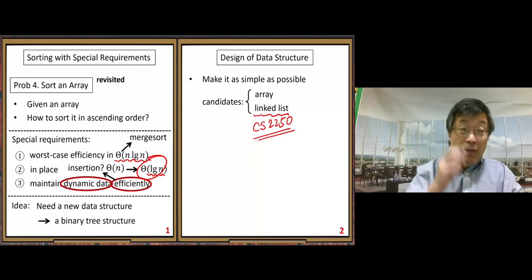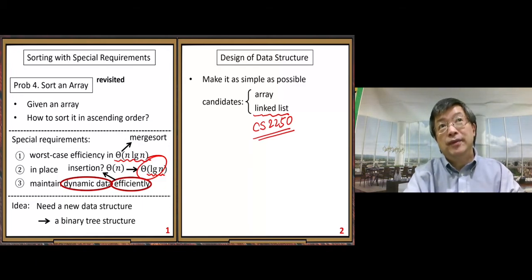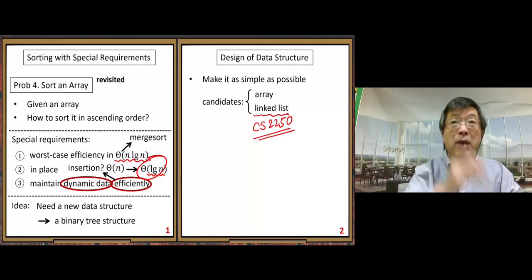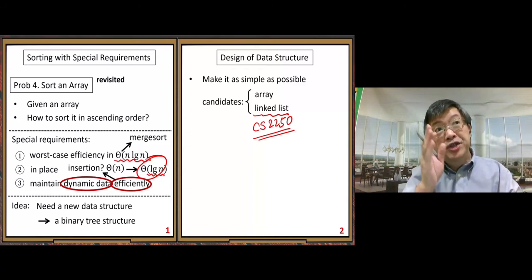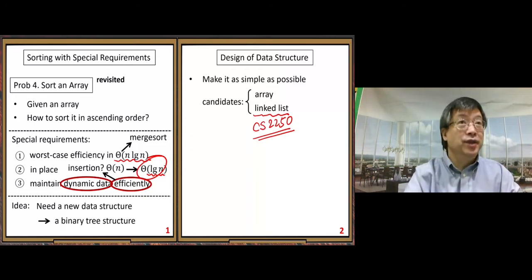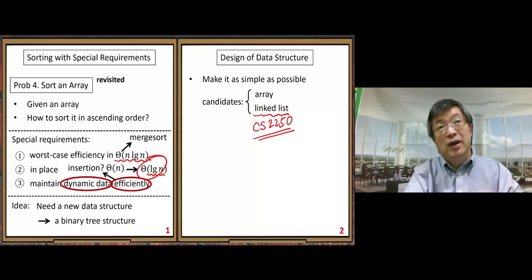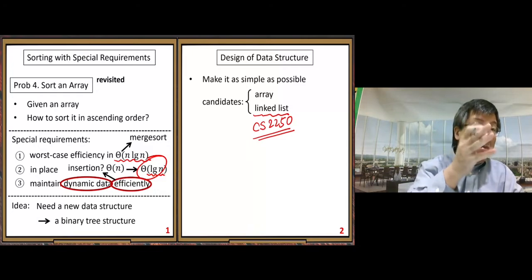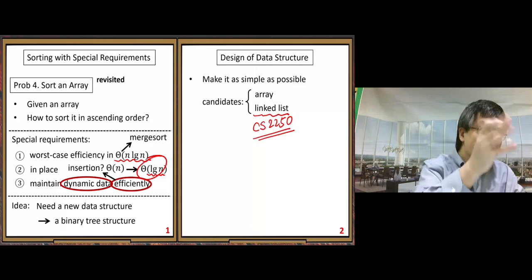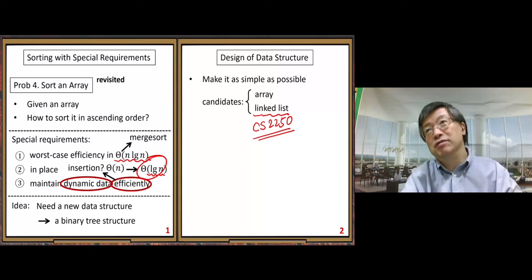So comparing with array, it is much more complicated. But when we use the linked list, we can implement a binary tree. We can implement a binary search tree. If you can remember part of the content in 2250, we can use a linked list to implement binary search tree structure.